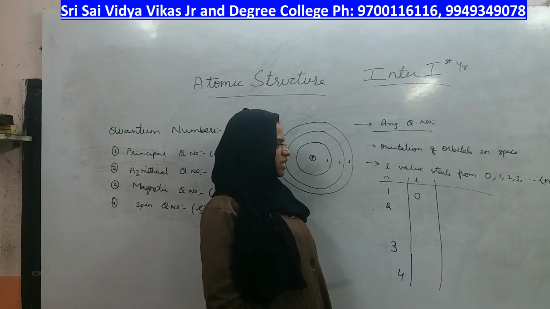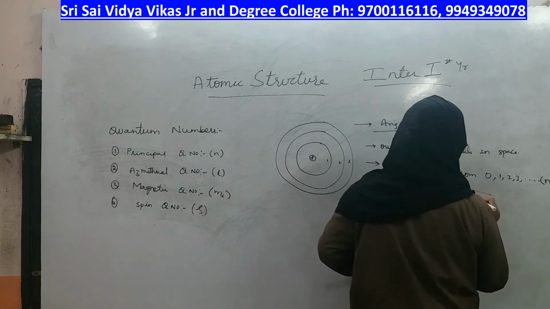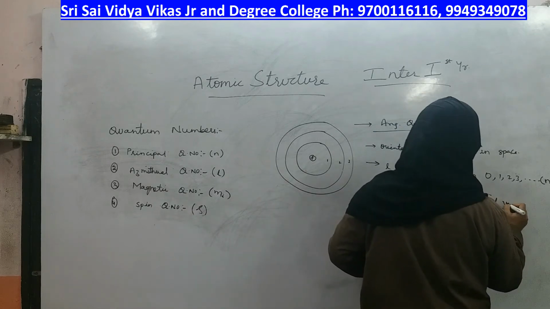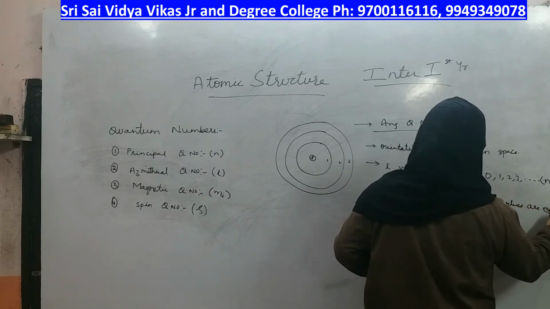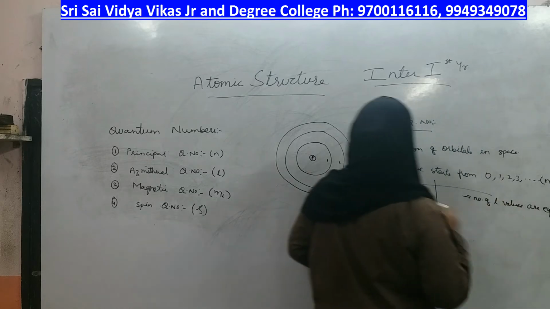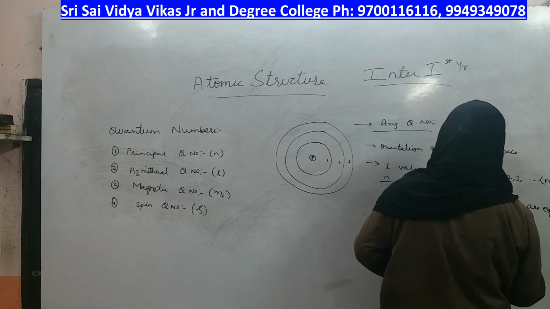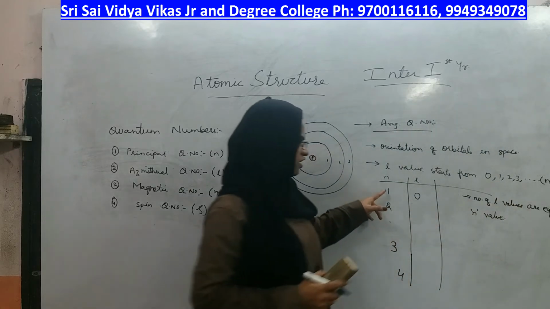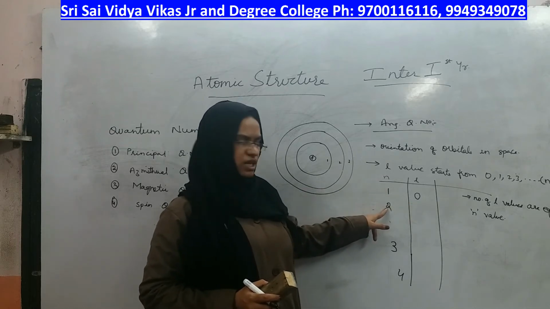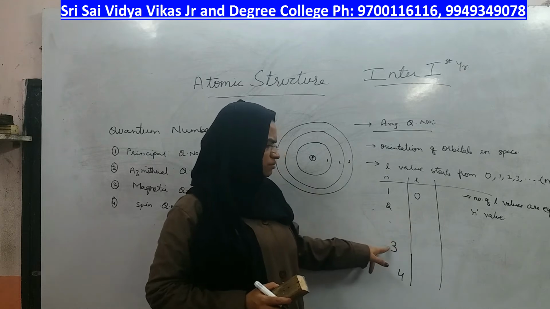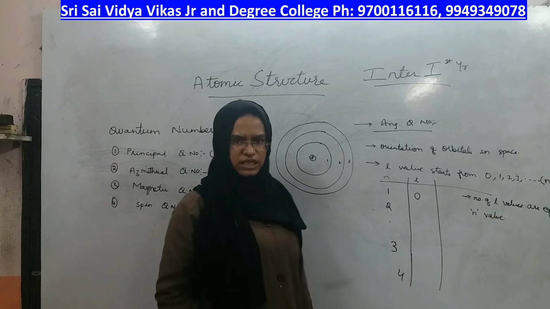That has to be decided by the formula: the number of L values is equal to the n value. That means the first main shell has one subshell, the second main shell has two subshells, the third main shell has three subshells, the fourth main shell has four subshells, right?